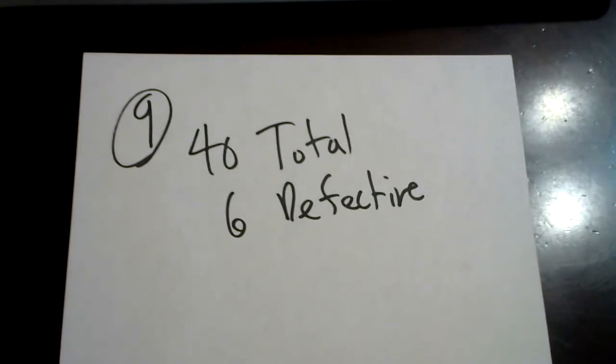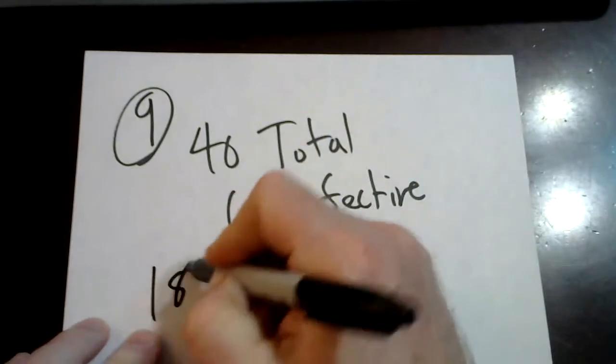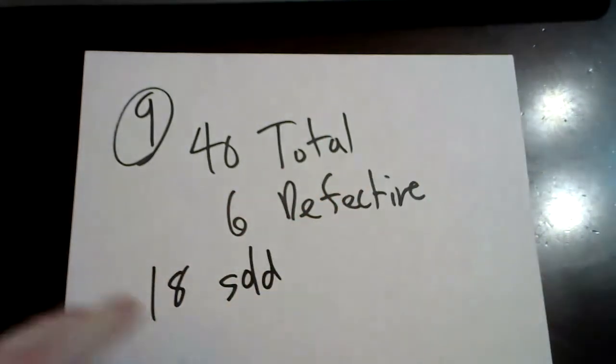If Great Buy sold 18 cameras before discovering that some were defective, what is the probability that at least one defective camera was sold? So we have 18 that were sold out of the 40.